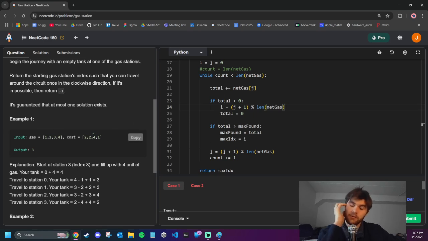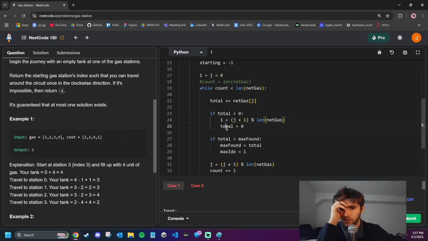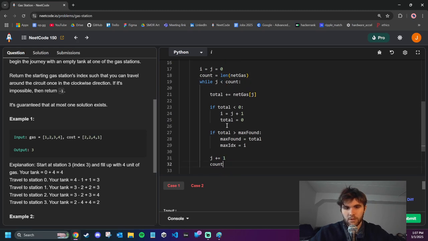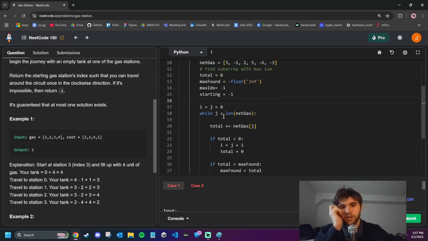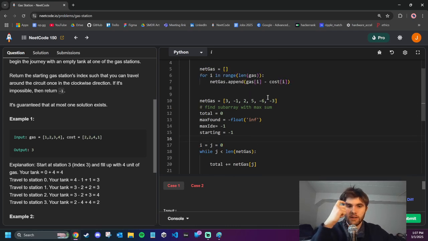Another option, so this doesn't actually work, I don't think. Yeah, this doesn't work. It's a good idea, but I would need modifications. I think there's an easier thing to do, actually. So I'm just going to put it back to how it was. Okay, so J is going to start at 0. So instead, I'm going to have net gas.